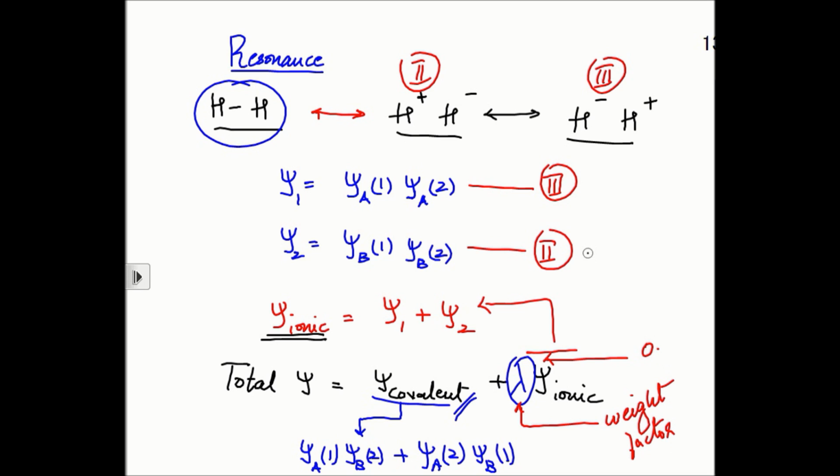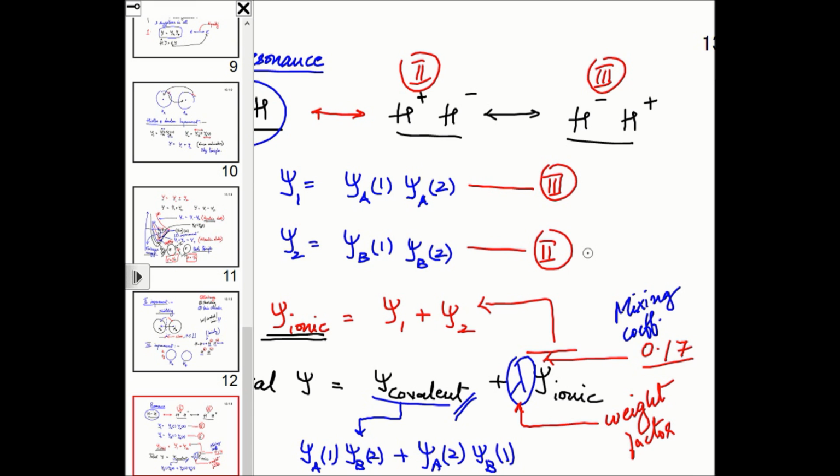The experimentally observed value, to be able to minimize the energy, was seen to be about 0.14, where lambda is called the mixing coefficient, and that coefficient came up to approximately 0.14. So you only have that much degree of ionicity. You can't have the ionic character and the covalent character happening with equal likelihood. Do you understand that? And this is what gave you the final line.